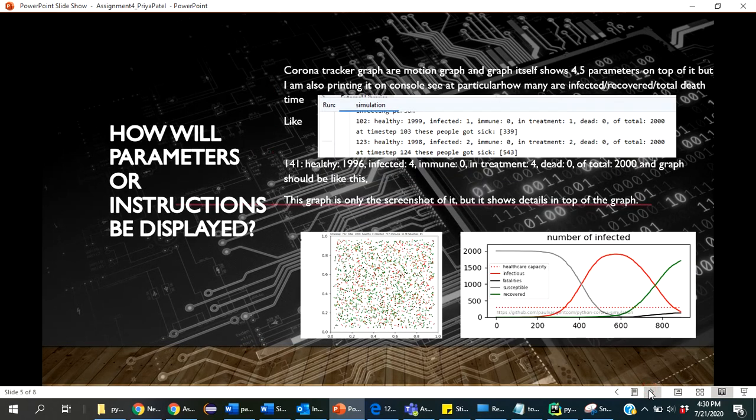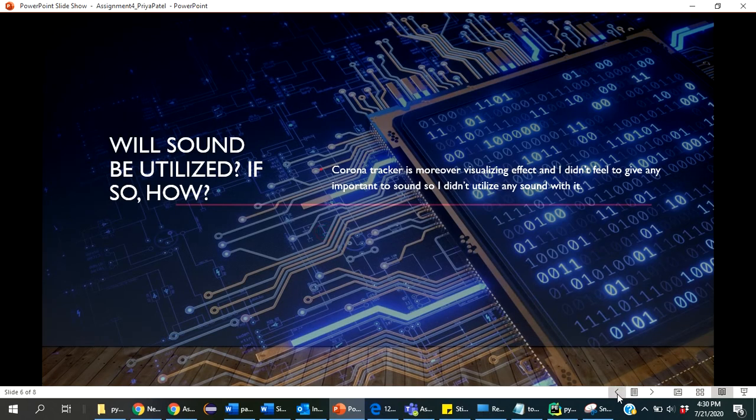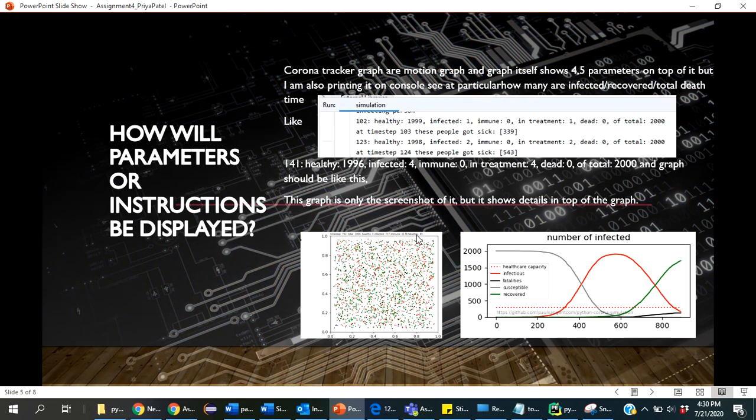So how are the parameters or instructions displayed? The corona tracker's motion graphs can be easily interpreted, right? They use the instruction on the graph itself. This is a motion graph actually, but I have just used a screenshot of it. At the top of it you can see something there, right?